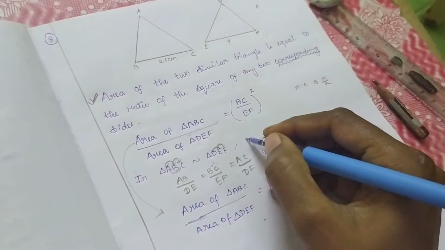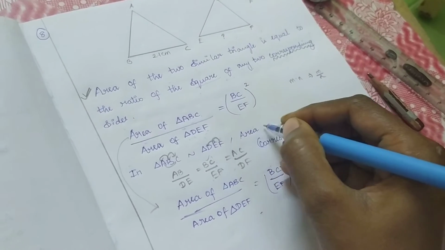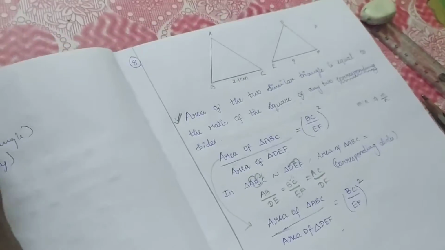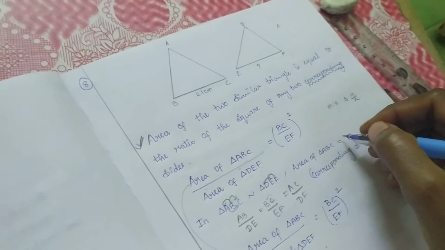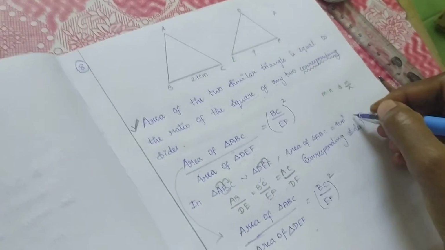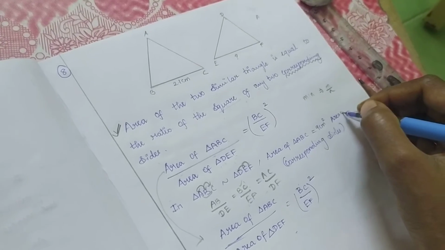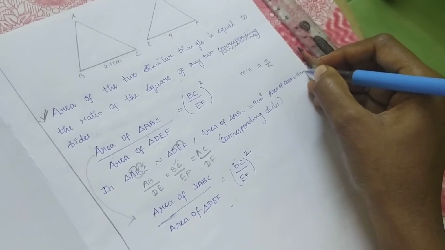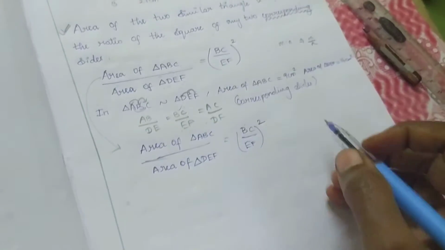The area of triangle ABC is 9 centimeter square, and the area of triangle DEF is 16 centimeter square. Substitute in this place.